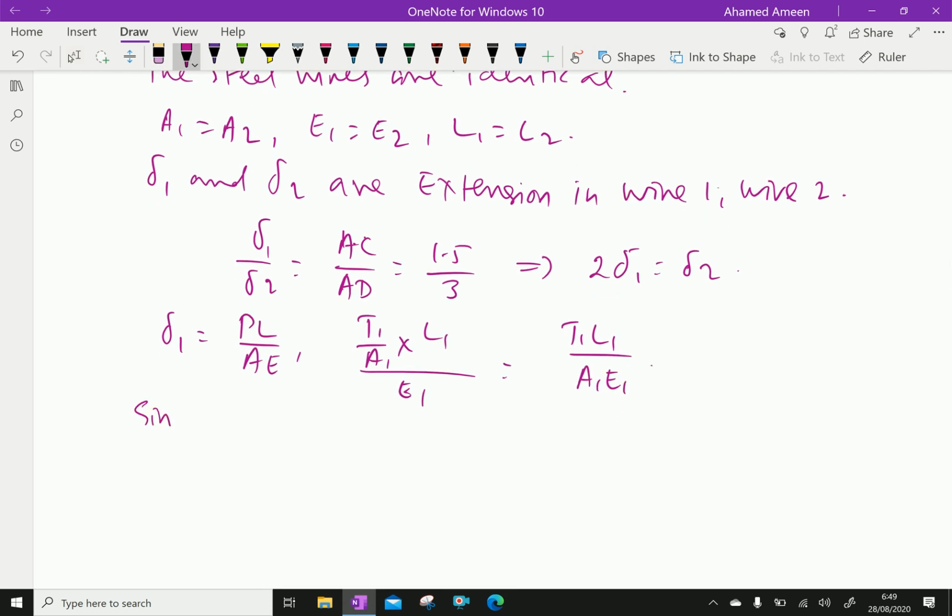Similarly, delta 2 equal T2 L2 by A2 E2.